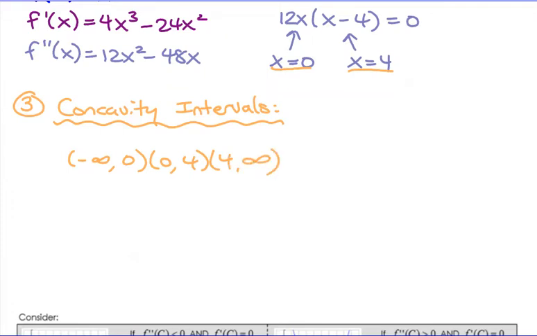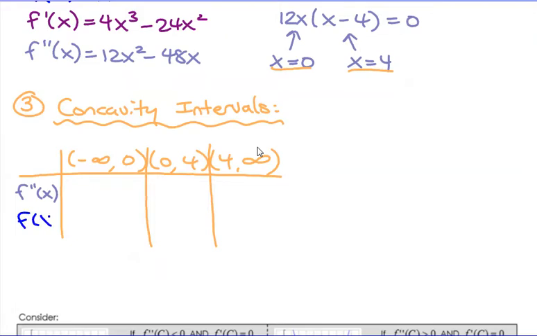I don't want to include the 0 and 4 in my intervals because that's when it equals 0, and we want to test when it's greater than or less than 0. What we're testing is our second derivative, because this is a second derivative test, and that's going to tell us what our overall function actually looks like.